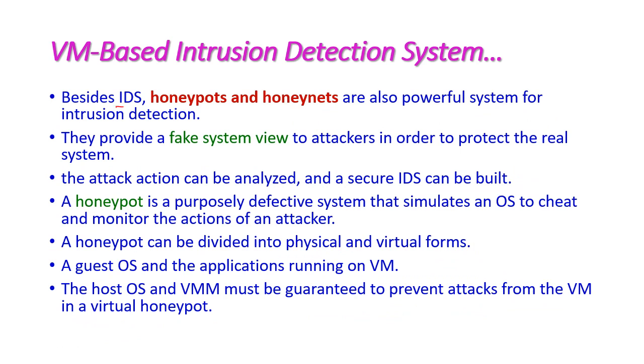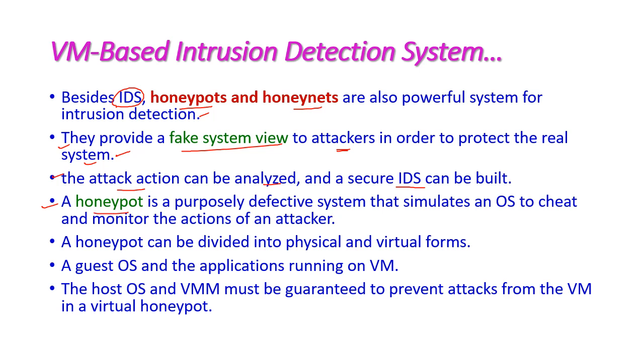Apart from this intrusion detection system, we have honeypots and honeynets, and these are also very powerful systems for intrusion detection. These systems provide a fake system view to the attackers to protect the real systems. And the attack action can be analyzed and a secured IDS can be built by using this honeypot and honeynet.